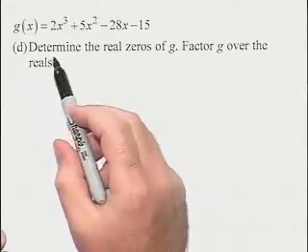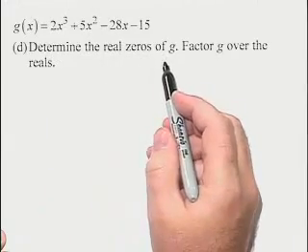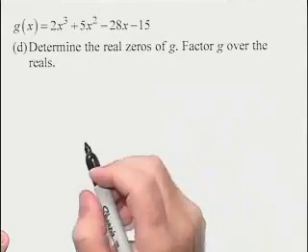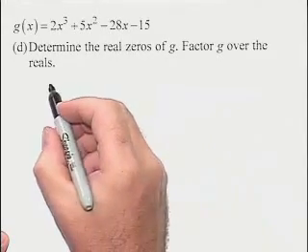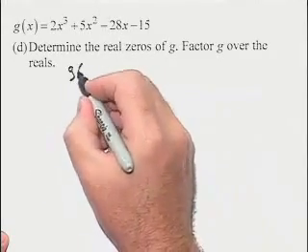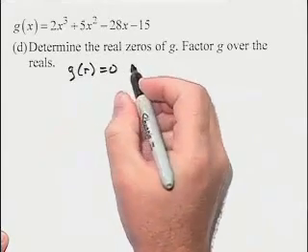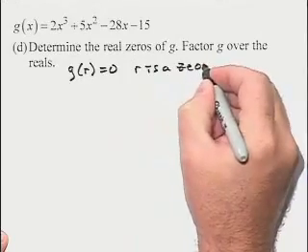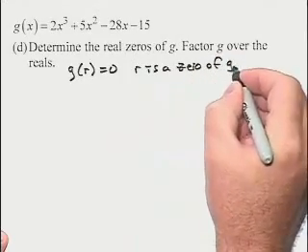In part D, we're asked to determine the real zeros of g, and then factor g over the reals. We're going to use the fact that if g of r equals 0, then r is a zero of g.